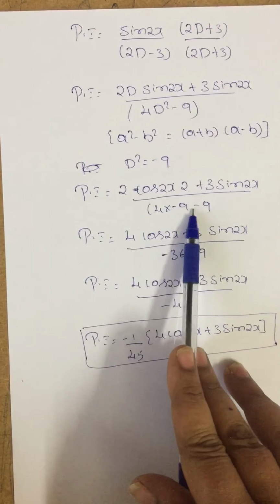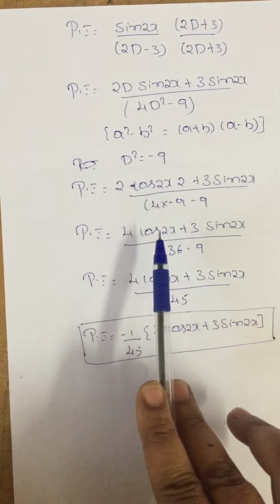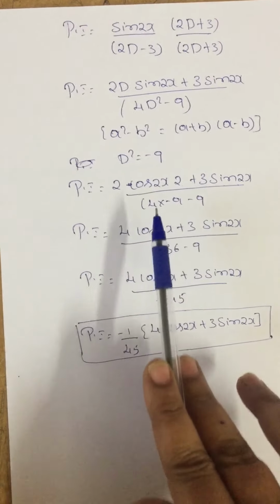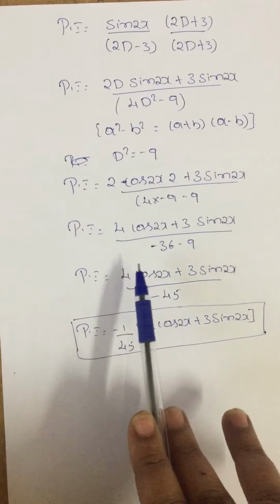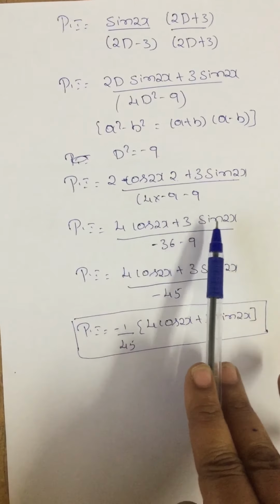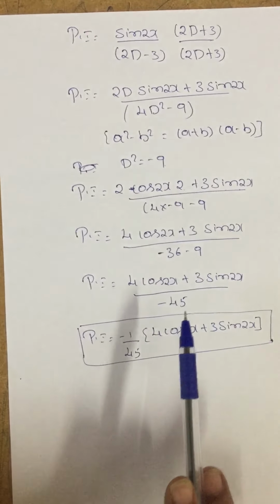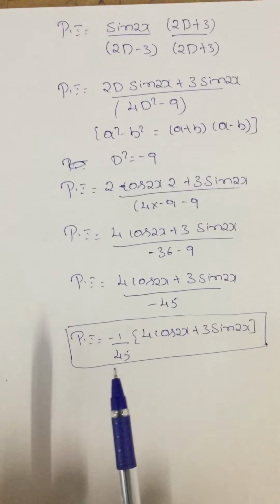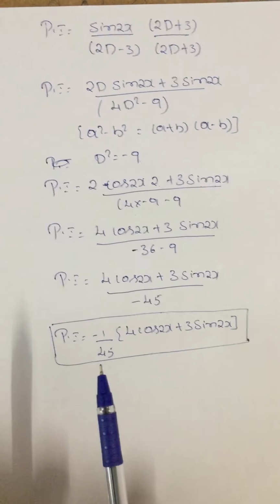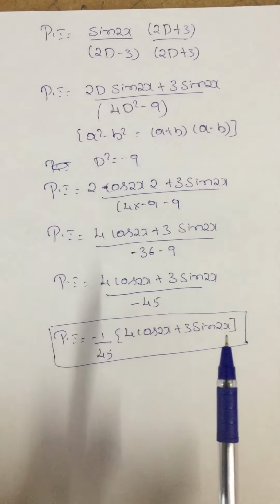So 4 into minus 4 minus 9. 2 into 2 is 4, so 4 cos 2x plus 3 sin 2x divided by minus 16 minus 9, which becomes minus 25. So the particular integral is minus 1 by 25 into 4 cos 2x plus 3 sin 2x.